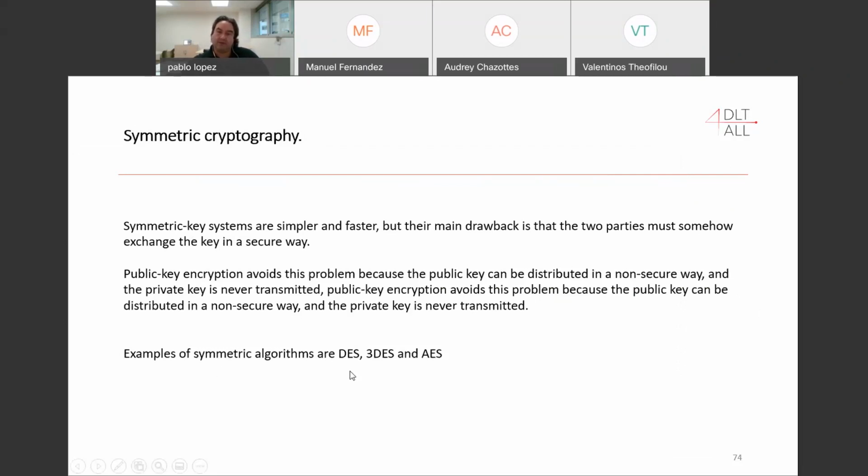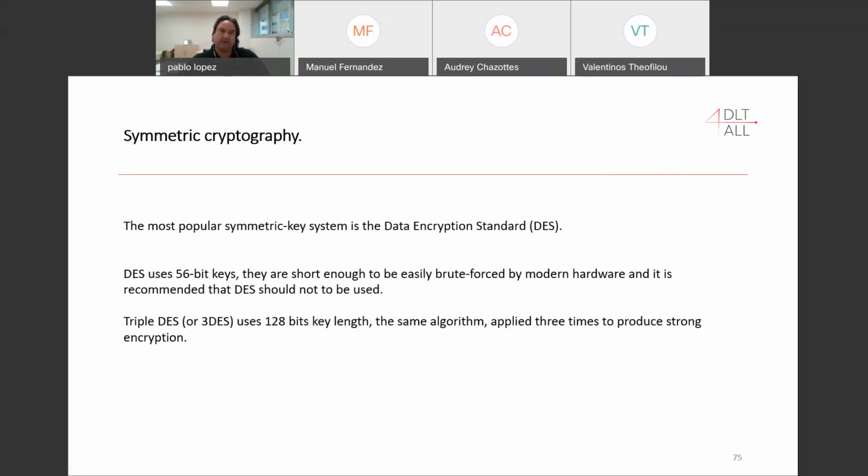Examples of symmetric algorithms are these three here, and the most popular is the Data Encryption Standard. Remember that when we are talking about encryption, there are two focuses. One focus is on the technical part, which will always try to find the most secure way.